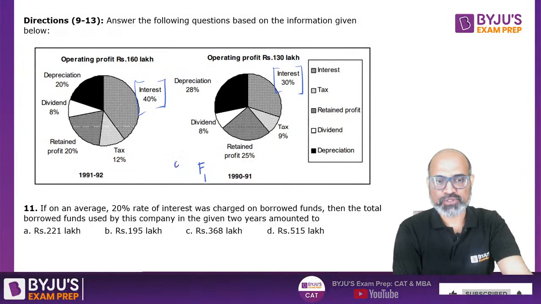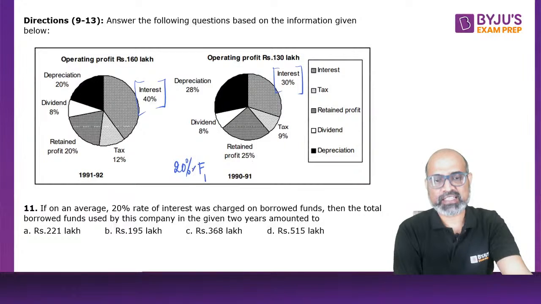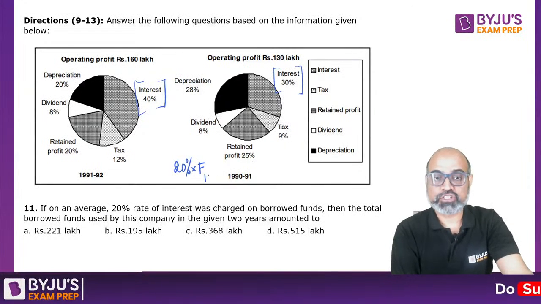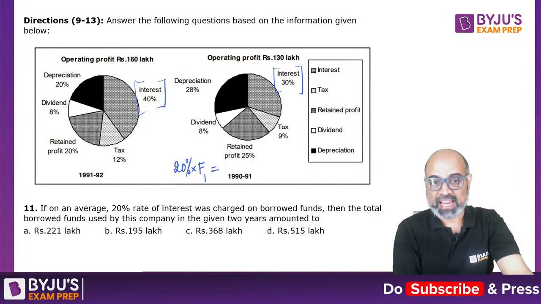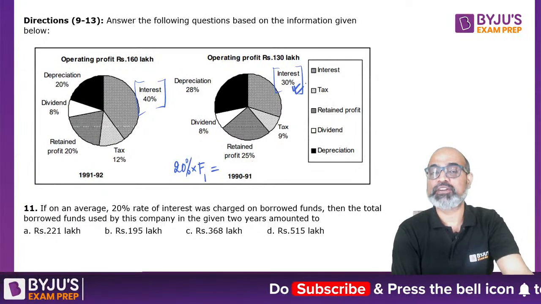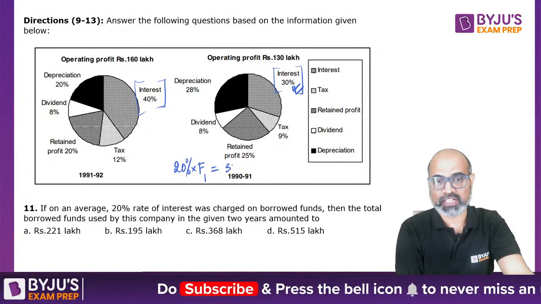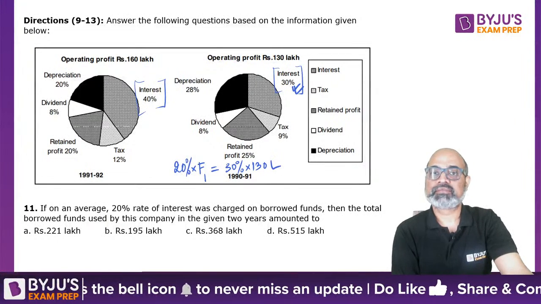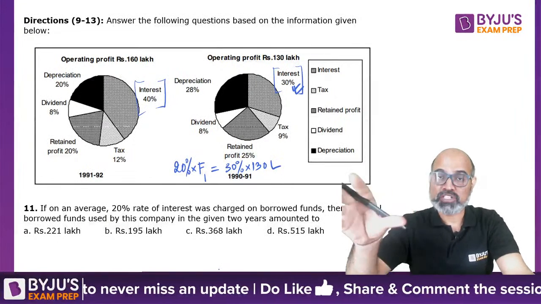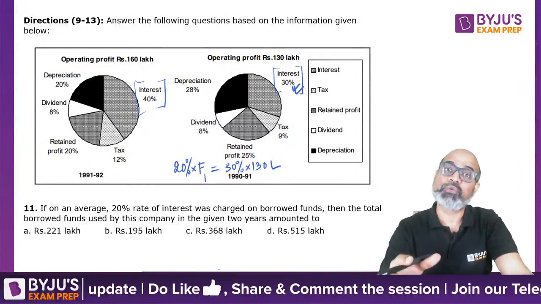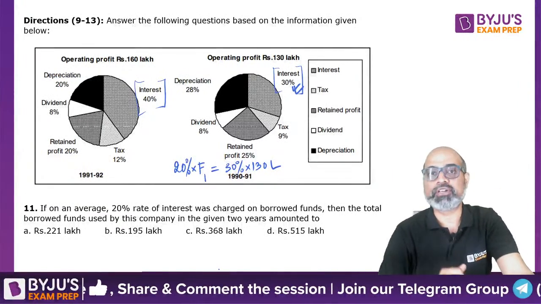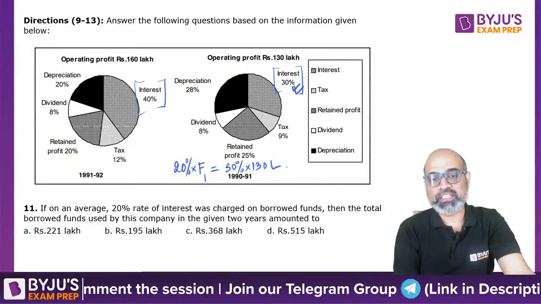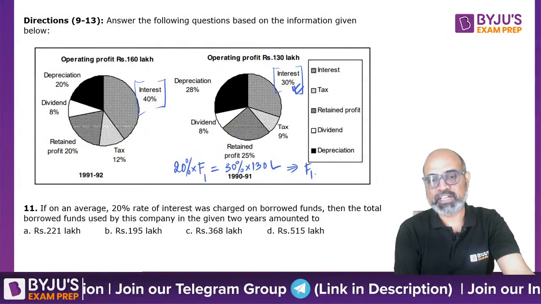Then can we say 20% of this interest was charged on this fund, and this is going to be the interest that we are getting from here, which is going to be 30% of 130 lakhs. This interest, 30% of 130 lakhs, has come from borrowed funds. So what will be the value of F1 for this particular year?